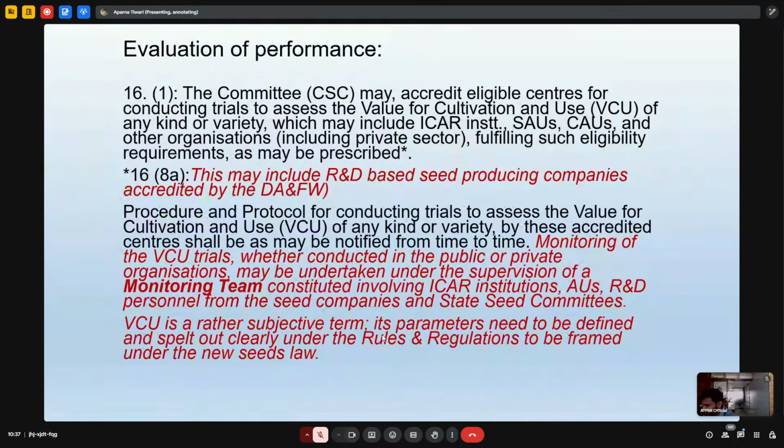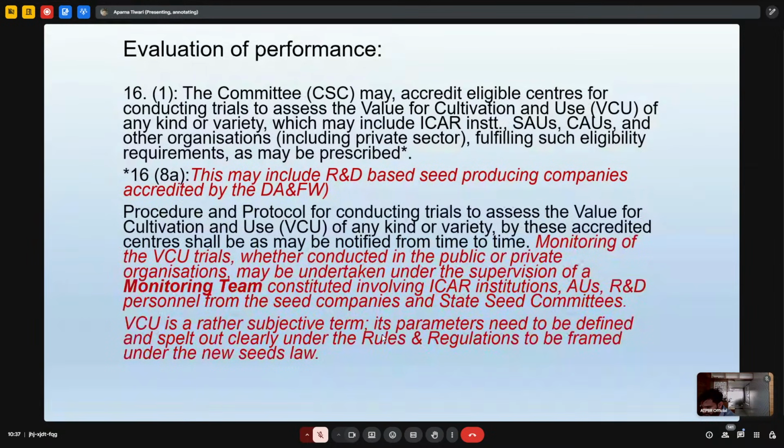Now, these eligible centers could be ICAR institutes, of course, state agriculture universities, central agriculture universities, or any other organization, including private sector, that is not mentioned in so many words, but it is understood that it could be any other organization that fulfills the eligibility requirements.